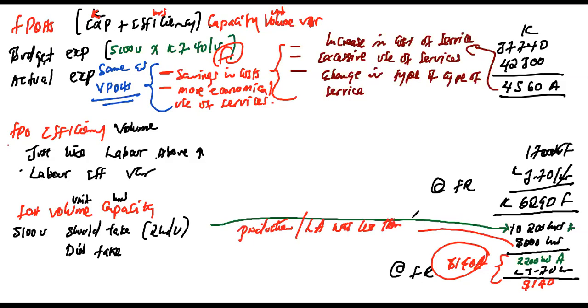Those are the possible causes. If it was favorable, we could have said production or level of activity was greater than budget. The opposite of that is the favorable reason.